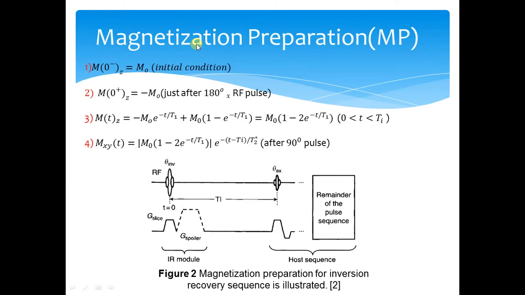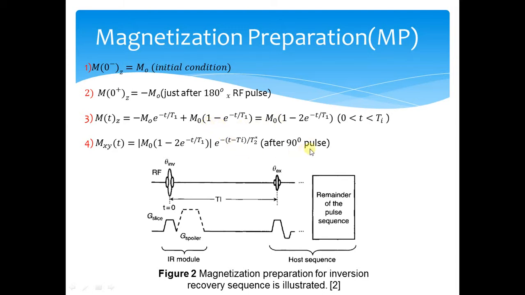When we examine magnetization preparation theoretically, firstly, assume that we have M0 as the initial condition. After a 180 degree RF pulse, what we obtain is the negative of it. Then, when we wait time T, the magnetization in the Z direction decays according to this equation.